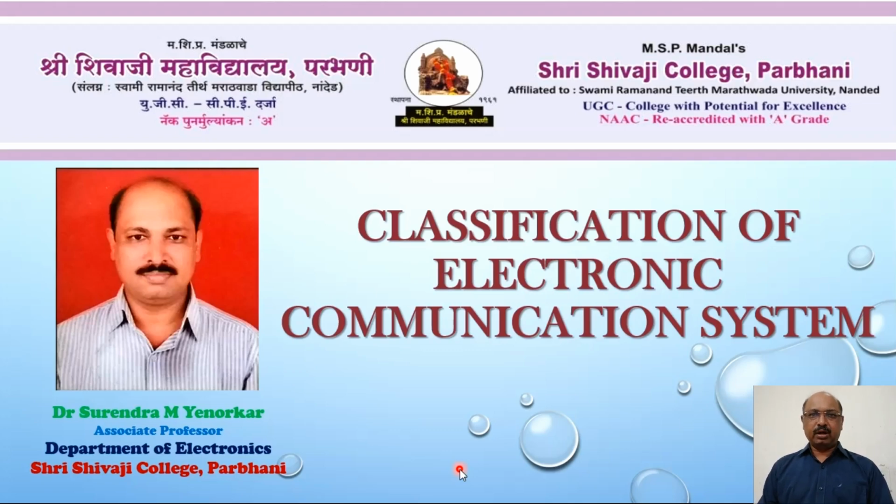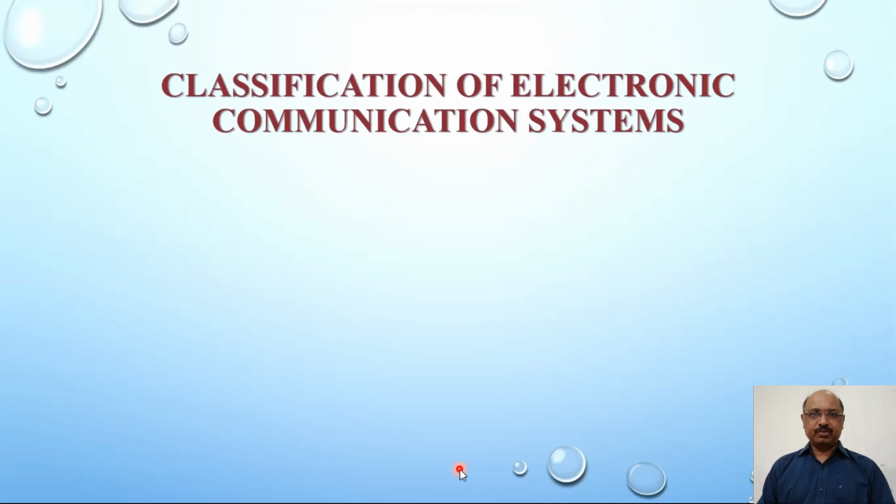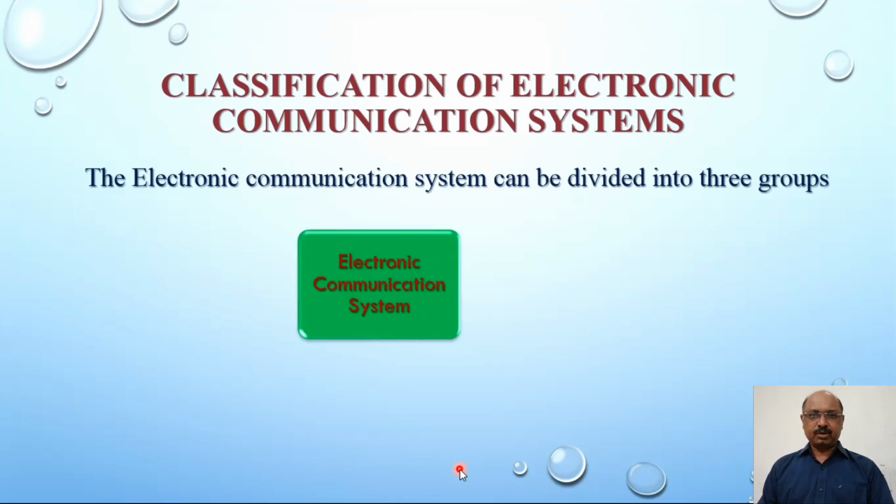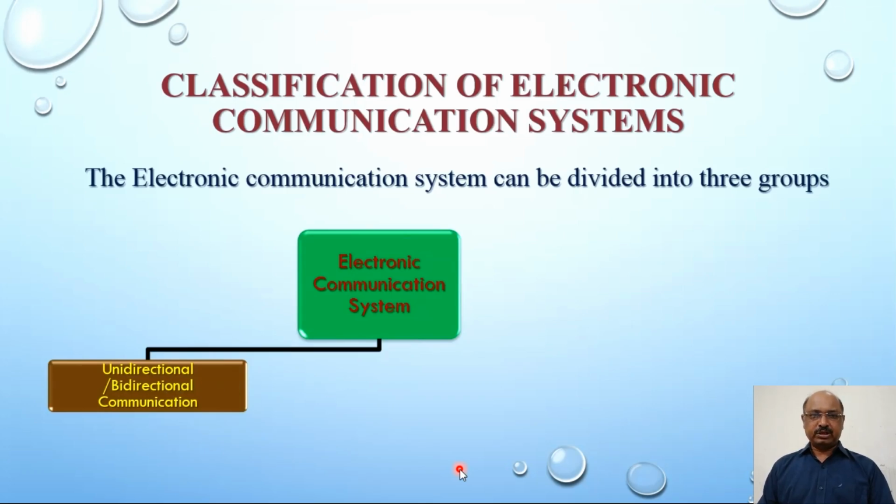The electronic communication system can be classified into various categories as shown in the flow chart. It can be divided into three groups. The first group is based on whether communication is unidirectional or bidirectional.